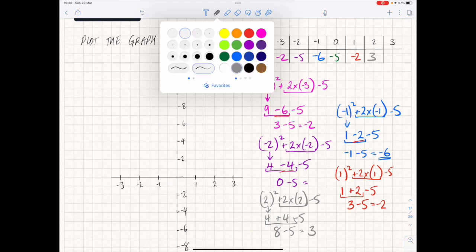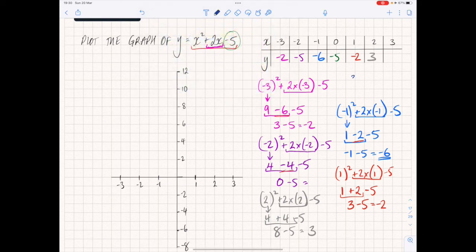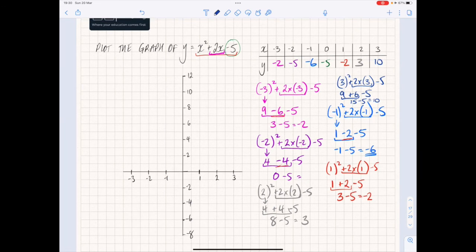And then the last point, 3 squared plus 2 times by 3 minus 5. So 3 squared is 9. 2 times 3 is 6. 9 plus 6 gives you 15. 15 minus 5 is 10. So that's what your table should look like for this one.